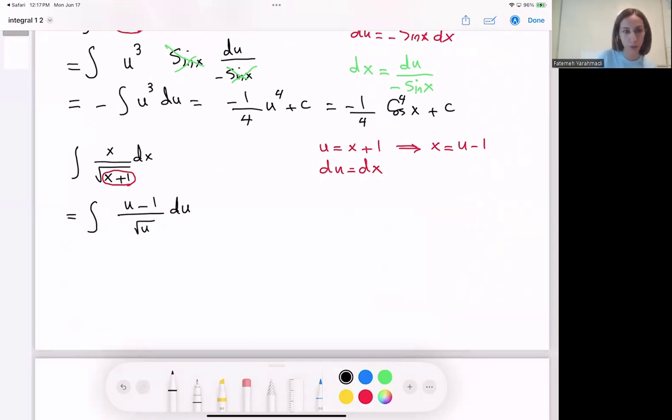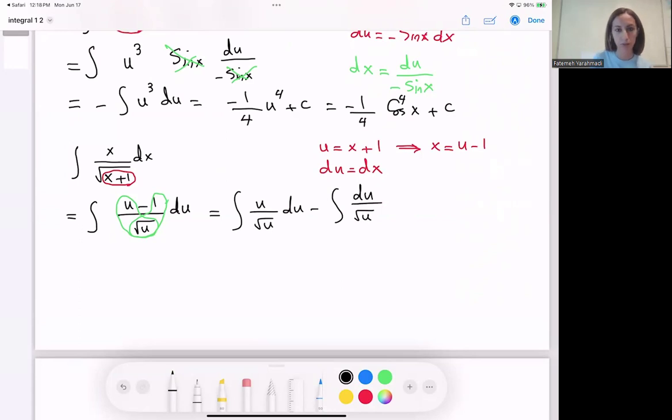So now you have 2 quantity on your numerator and 1 quantity on the denominator. So basically, you can divide up this fraction into 2 fractions and deal with that a little bit easier. This is equal to the integral of u divided by square root of u du minus the integral of du divided by square root of u.